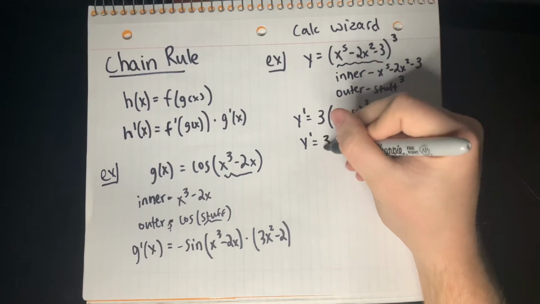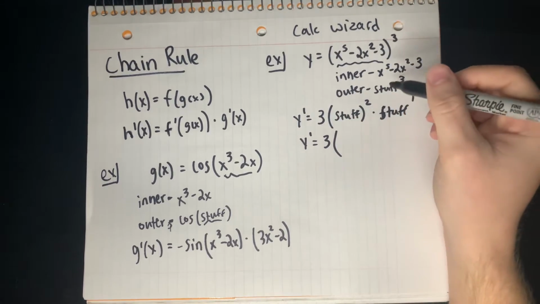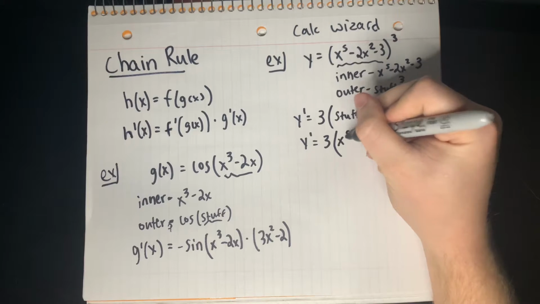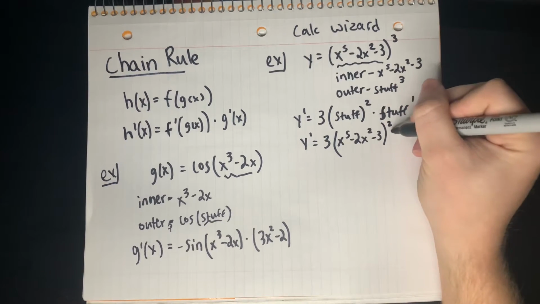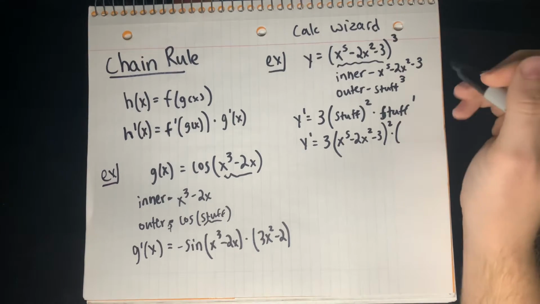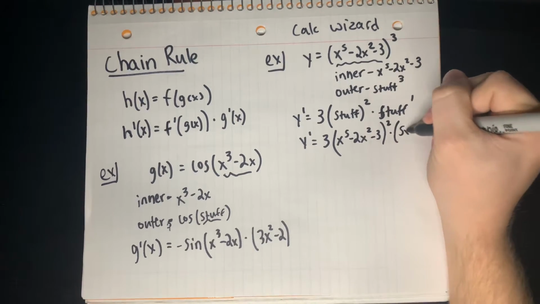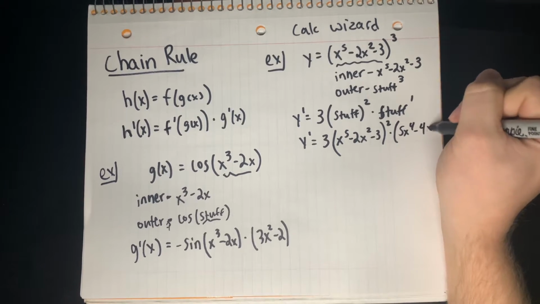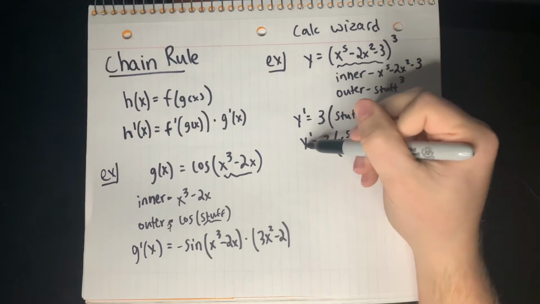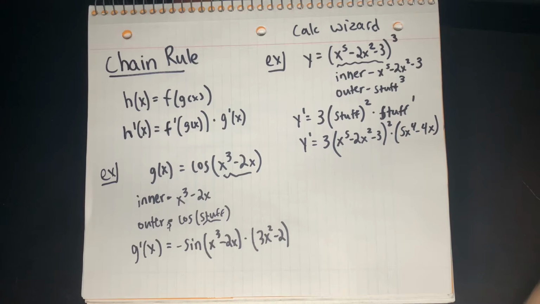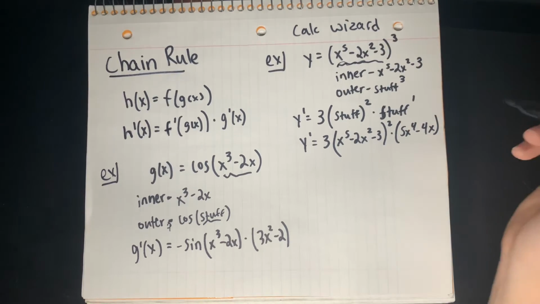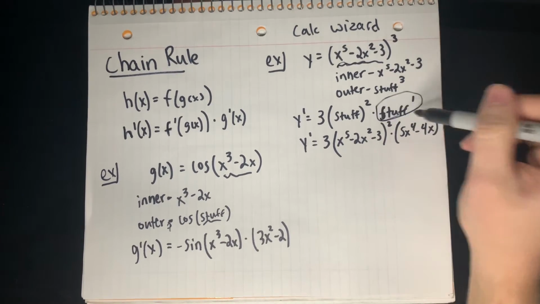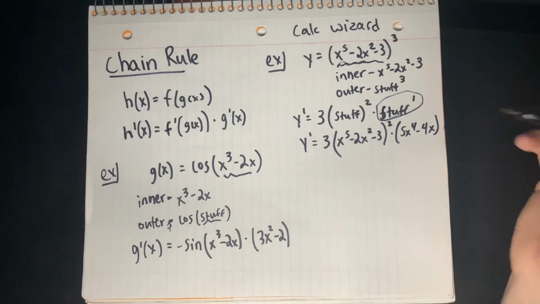So then we're going to take our inner stuff right here, x to the 5th minus 2x squared minus 3, all squared, times the derivative of that inner stuff, which is 5x to the 4th minus 4x. Okay, so that's another example of doing the chain rule when determining our inner and outer functions, with this notation which I like to use, which is stuff.